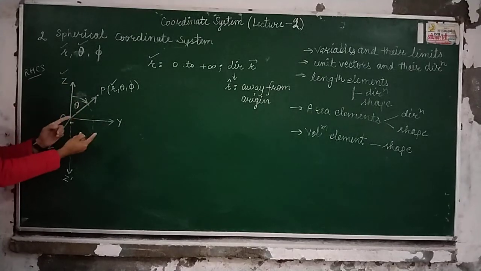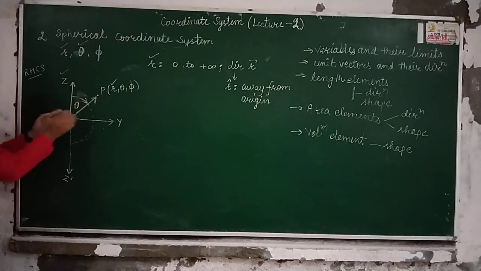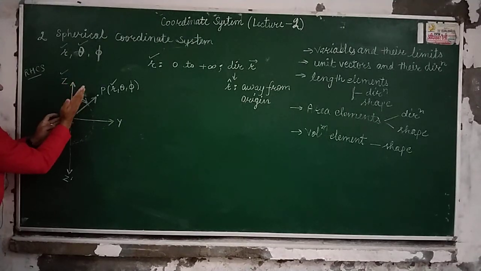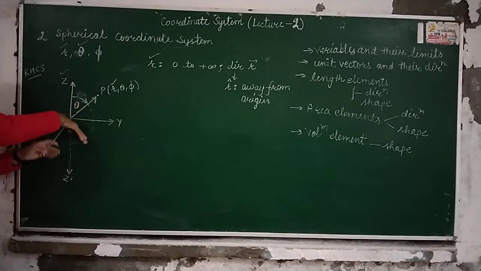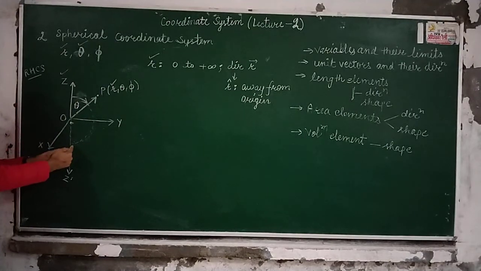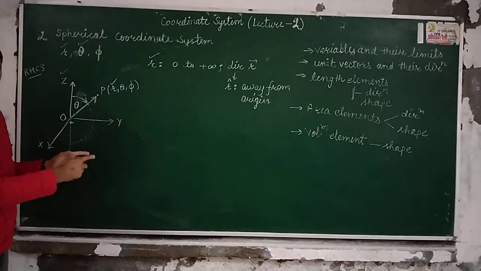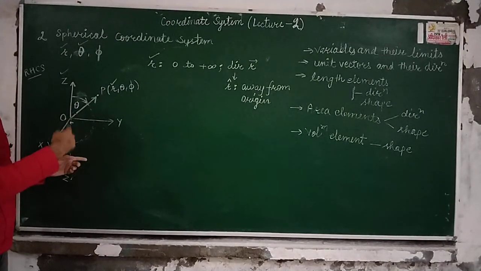If the vector r is along the z direction, then the angle between the radius vector r and the z axis will be 0. As you incline the radius vector with respect to z, the angle increases, and its maximum value can be up to this angle. So its range is from 0 to plus pi.